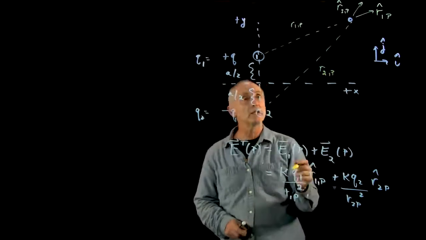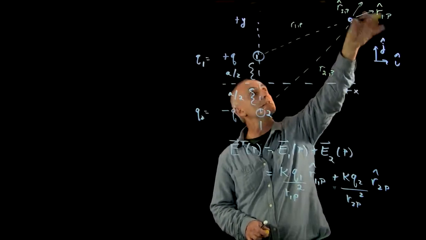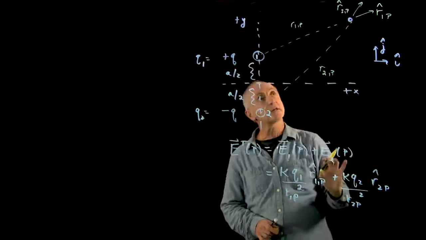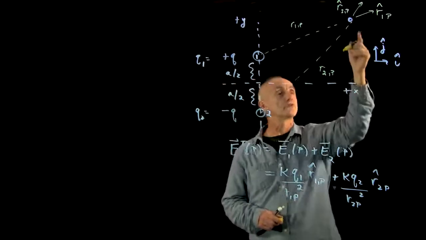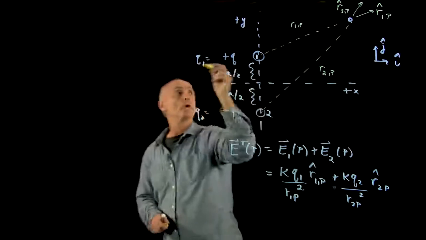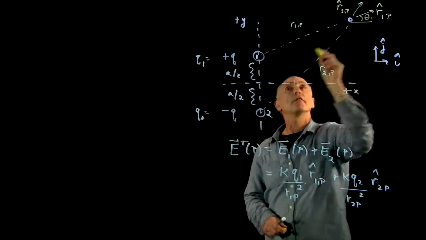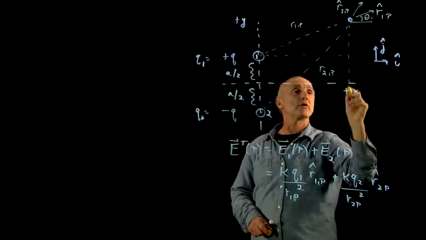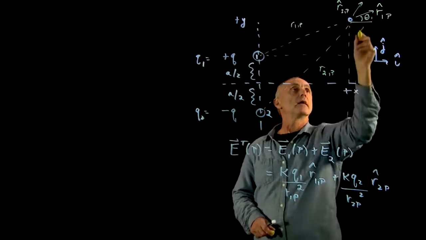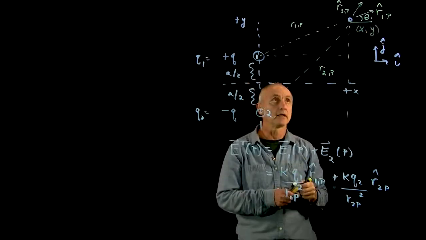Now, what we'd like to do is express this vector decomposition. It can be a little bit tricky with our coordinate system, but we'll start with r hat 1P. So I'm going to call this the angle theta 1. And we'll make this point out here the field point, x and y.